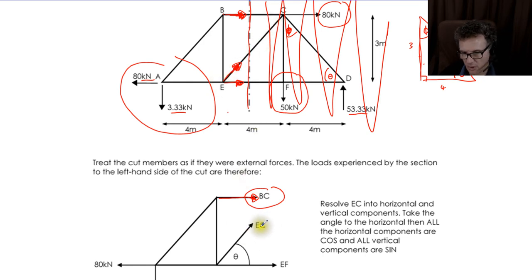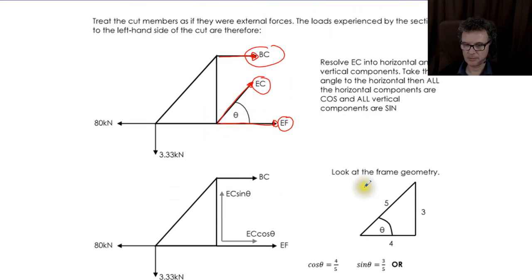I would prefer calling it CE, to be honest, but that's what we've got in this textbook, so we'll follow the textbook. So we've got EC, and then we've got this member here which was cut, and it has EF. So we've now got our 3 forces and we now need to solve that.